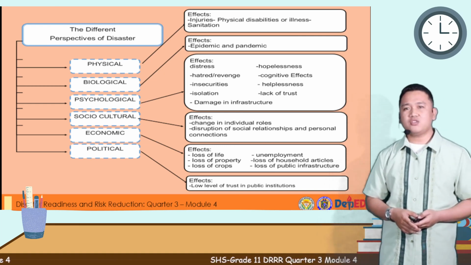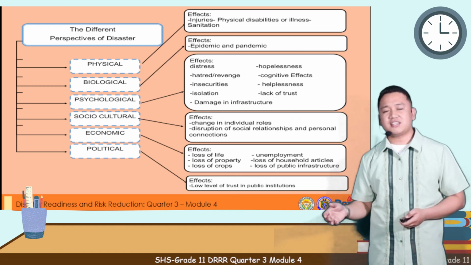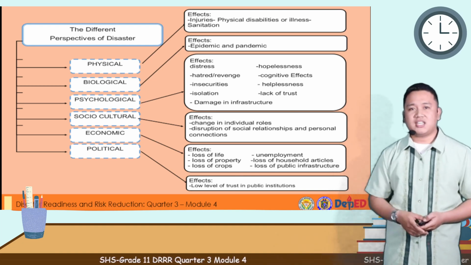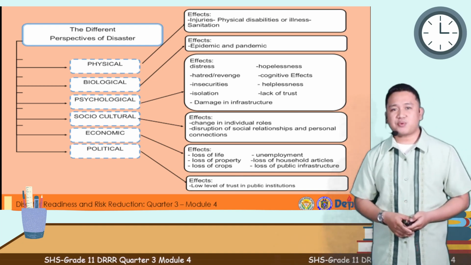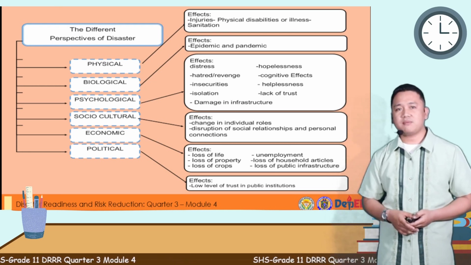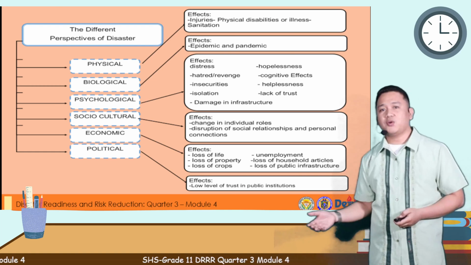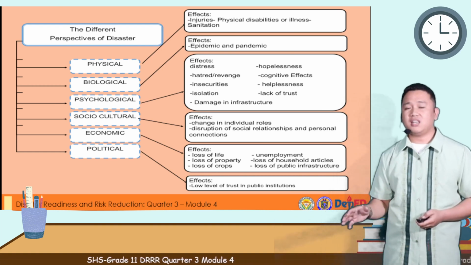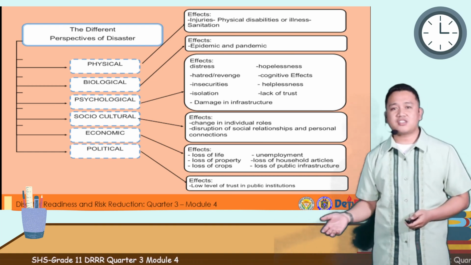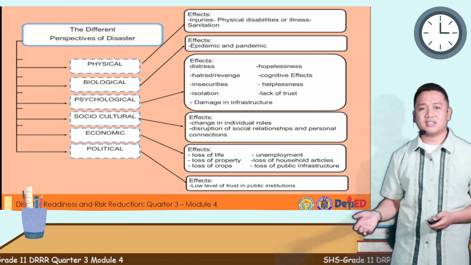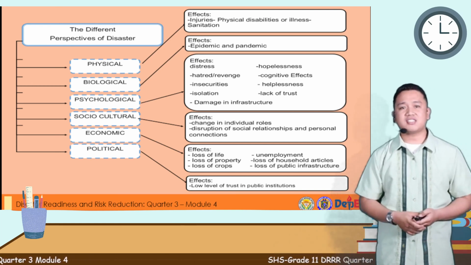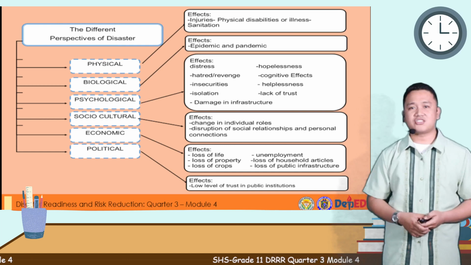Next would be on sociocultural. Its effects: change in individual roles, disruption of social relationship and personal connections. For economic, we have the loss of property, the loss of life, the loss of crops, unemployment, loss of household articles, and loss of public infrastructures.